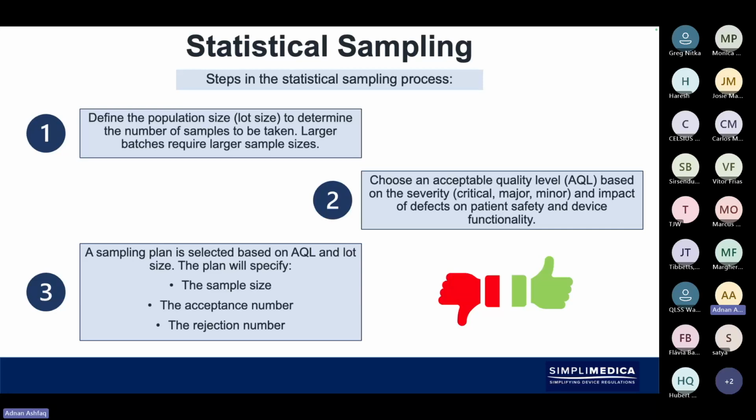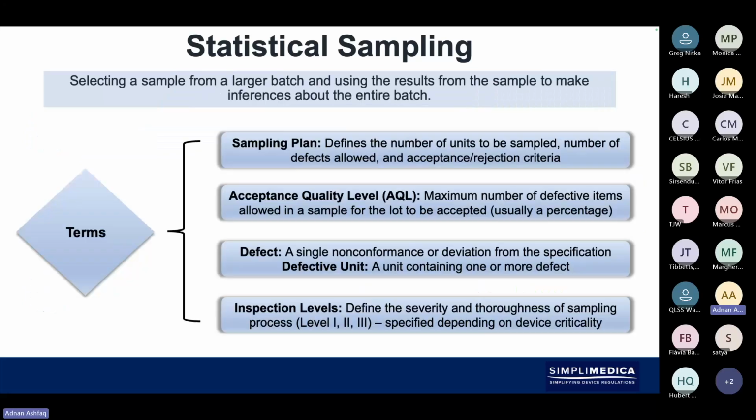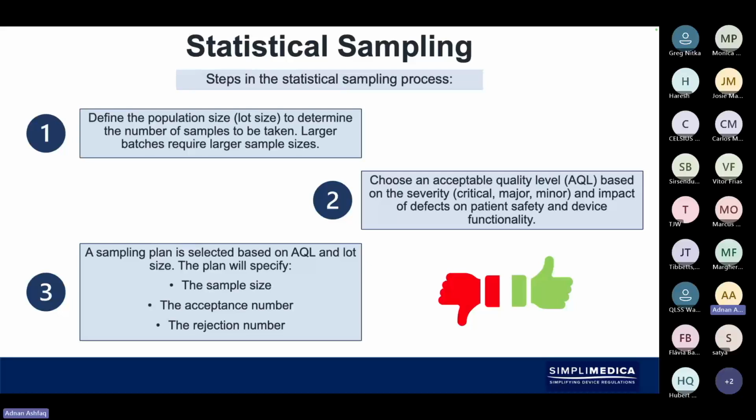There will be a table within the standard, and the table will tell us, based on the AQL, if we use 0.65, for example, level 2, so we talked about the inspection levels, level 1, 2, or 3, and level 2 is a sort of nominal value that's used, we would then accept on, say, 49, and if it fails on 1, then the entire batch has failed. So even one failure out of the 50 would represent a failure for the entire batch. So this is very, very important when you're looking at the rejection numbers.